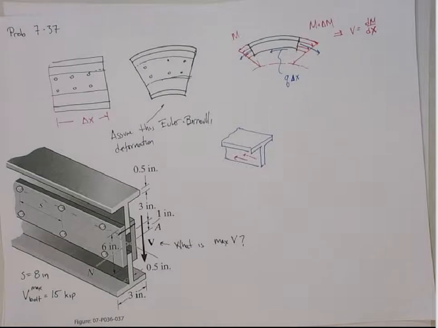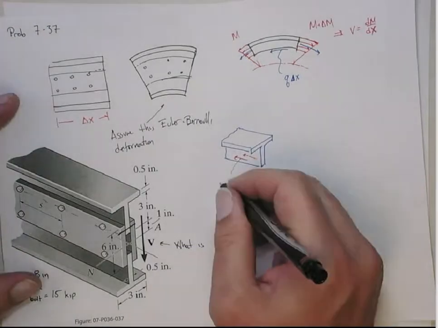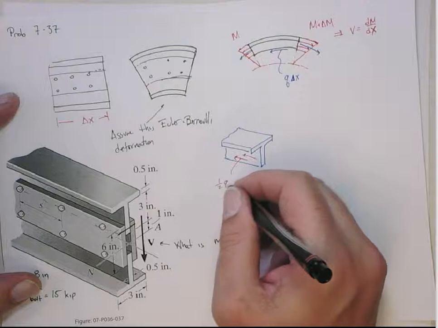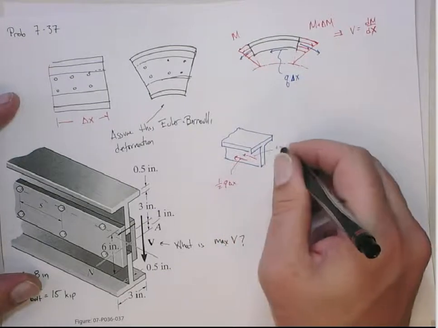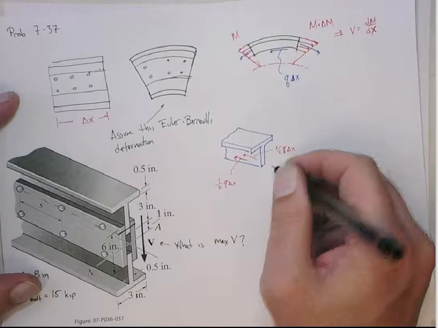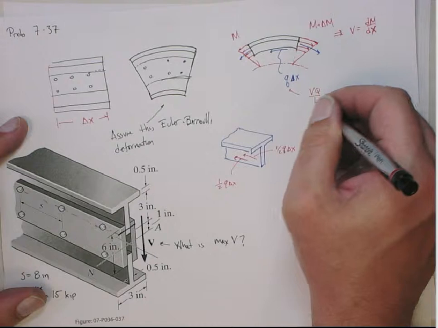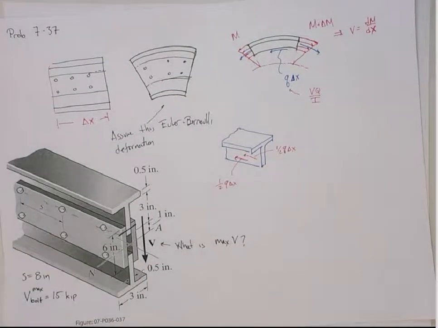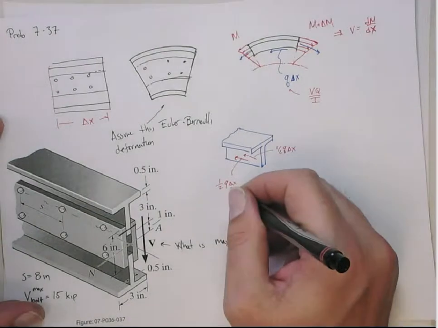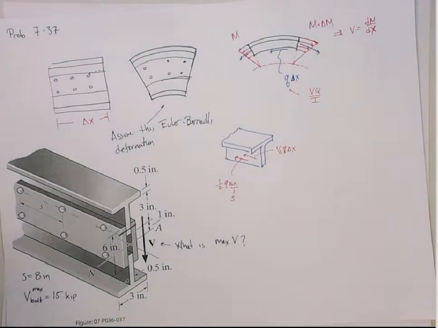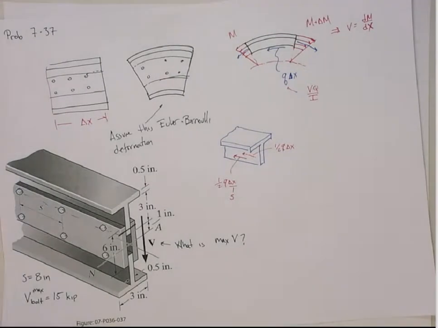So this is going to basically be the 1/2 q delta x and 1/2 q delta x. This is the q we get from the VQ over I, the shear flow q. Now, in this case, delta x is going to be the bolt spacing, so this actually is going to be s. So the shear force in each bolt is going to be 1/2 of that q, okay?